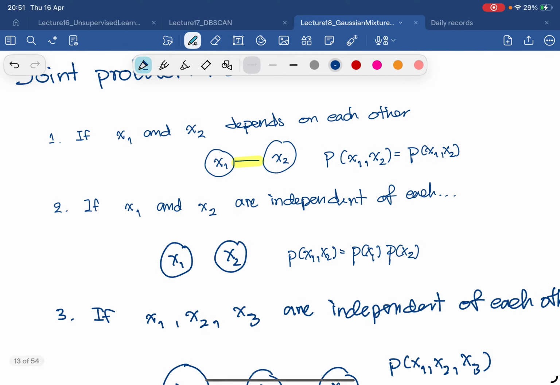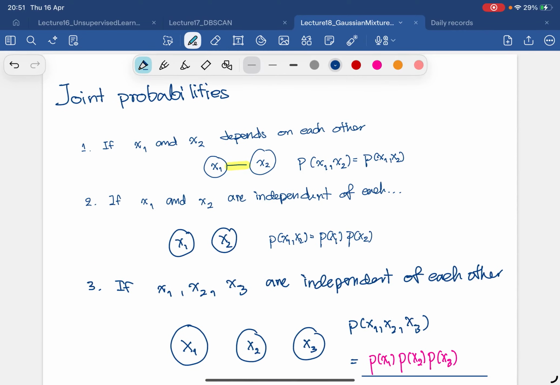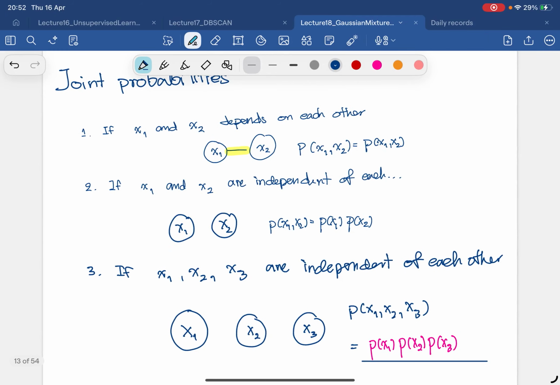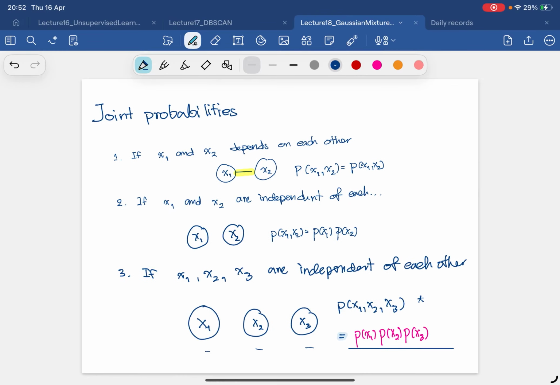Okay, let's say we have three random variables and they are independent. Likewise, we draw three circles that have no links between them. You can also represent this with the probability distribution: p(x1, x2, x3) is equal to p(x1) times p(x2) times p(x3). That's it.